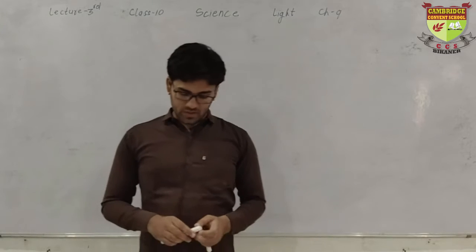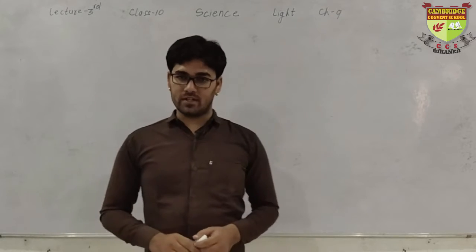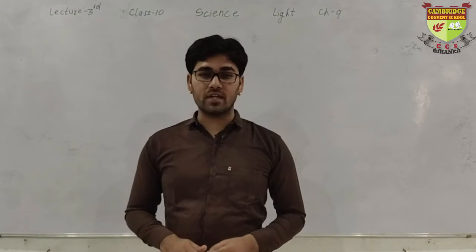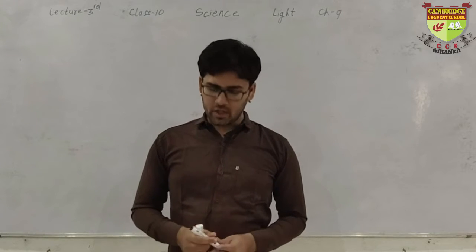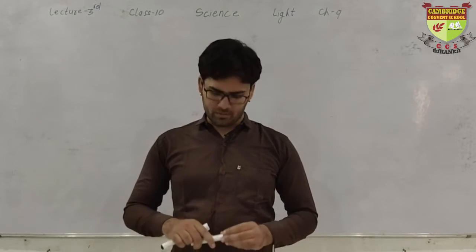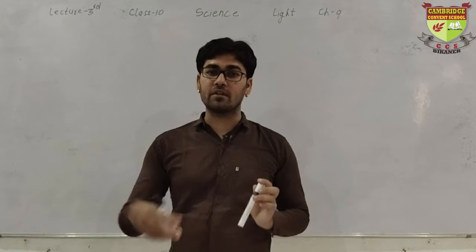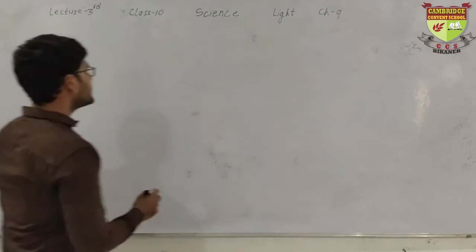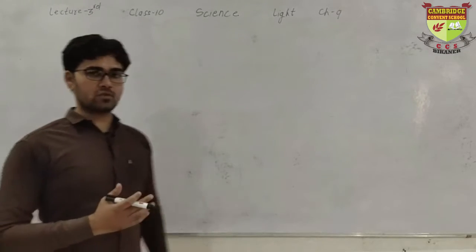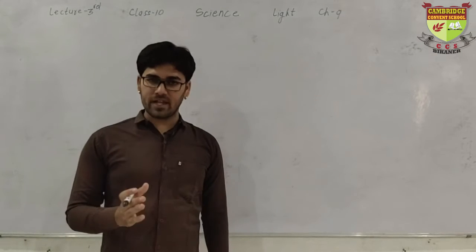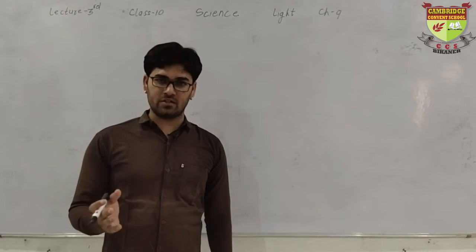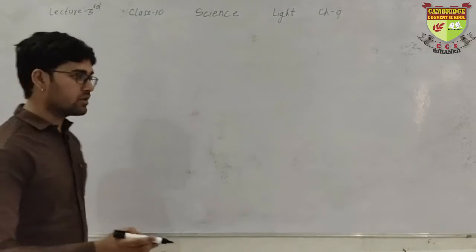But today we are going to go further. I hope you know a little bit about it because it also came in the previous class. There are basically two types of reflection, regular reflection and diffused reflection. Let's study them turn by turn.